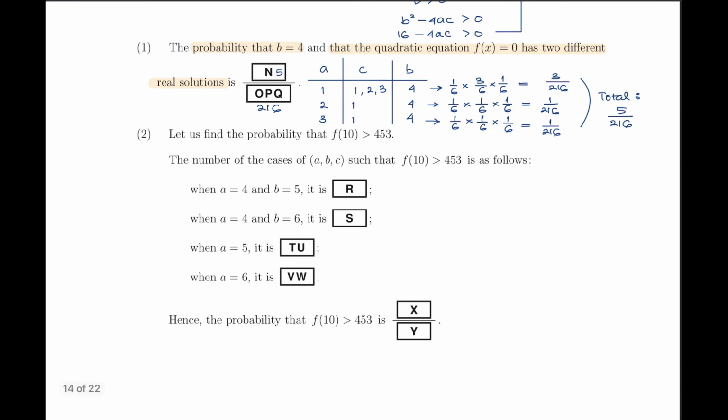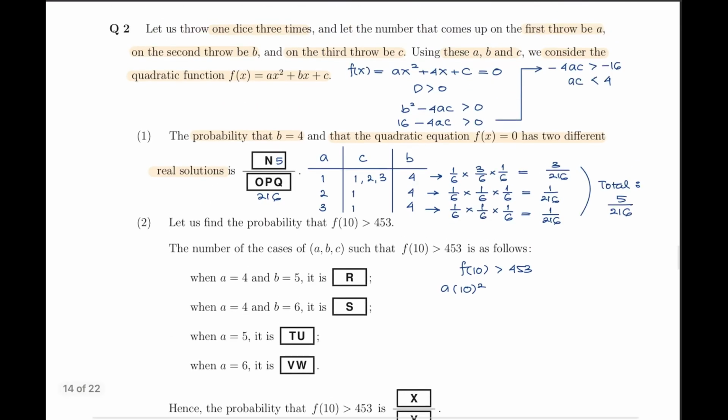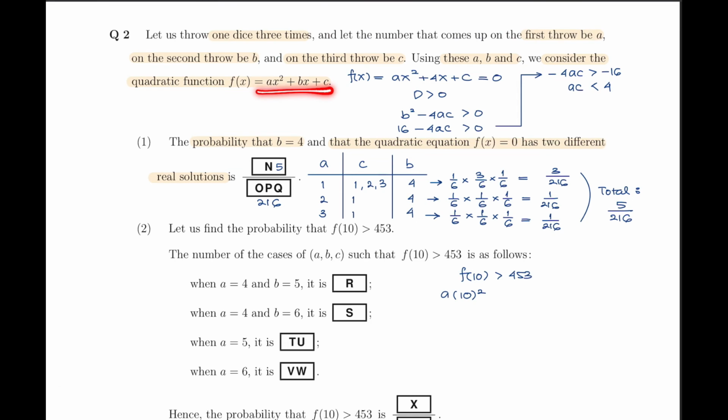Next, let us find the probability that f of 10 is greater than 453, as follows. They help us with the possible cases. F of 10 is greater than 453. F of x is ax squared plus bx plus c.